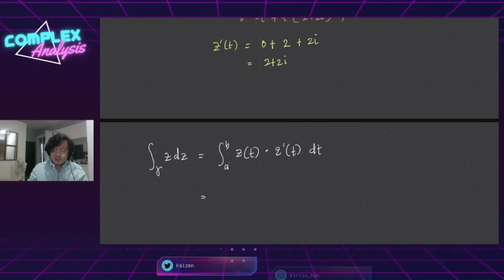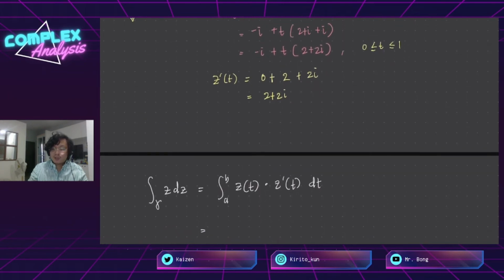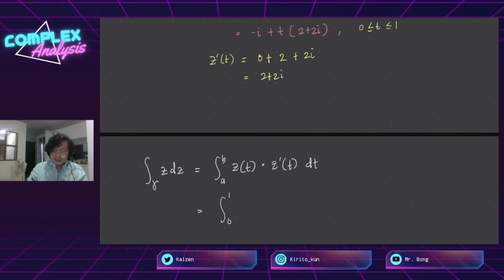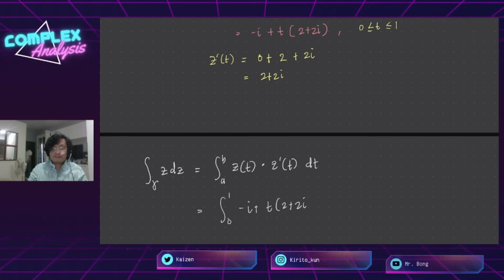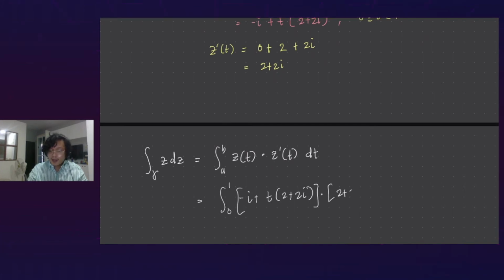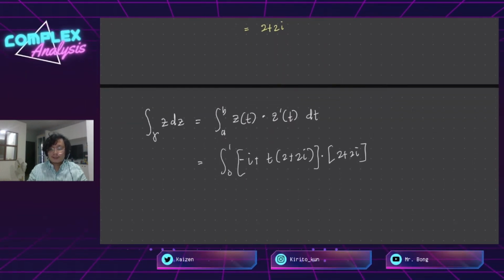Our a to b is equal to 0 to 1, right? Then our z of t is equal to negative i plus t times (2 plus 2i), then times (2 plus 2i). Okay, then don't forget to write dt.